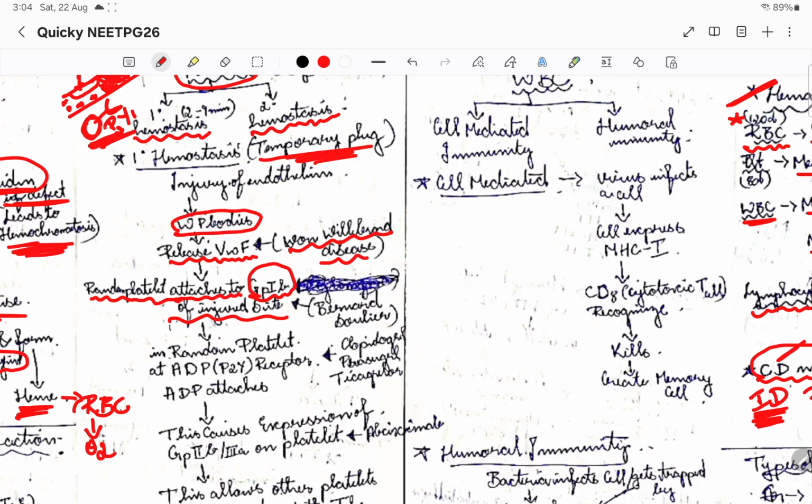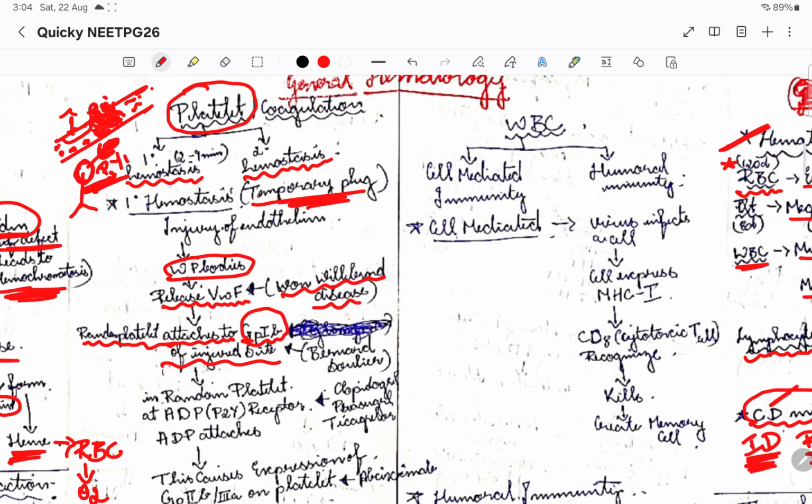Once this P2Y1 receptor starts expressing itself, the ADP that is already present in the blood starts attaching to this particular receptor and generates another receptor in the platelet that is known as GP2B.